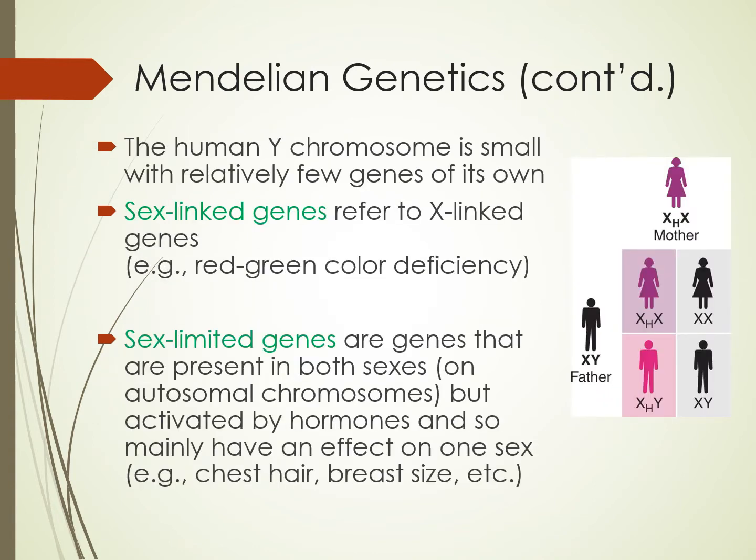As I said, the human Y chromosome is small with relatively few genes of its own. And these are referred to as sex-linked genes, sometimes called X-linked genes, because it is the genes on those X chromosomes that are important here and that are different in males and females.